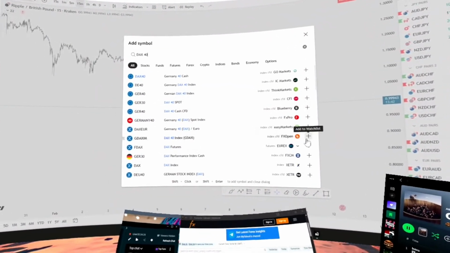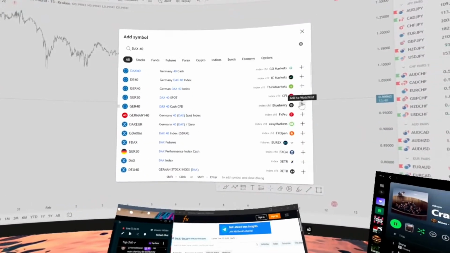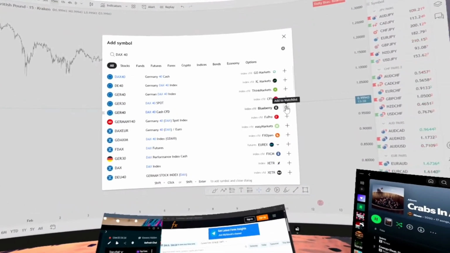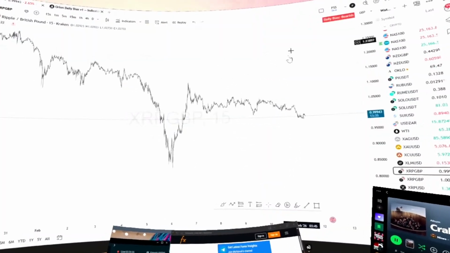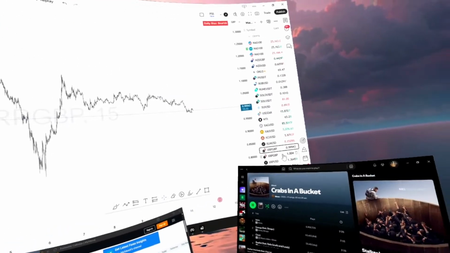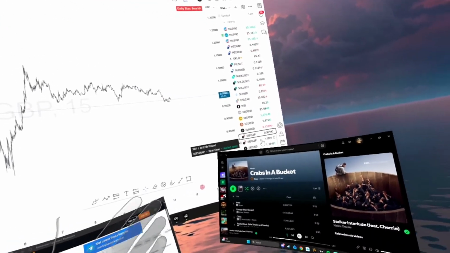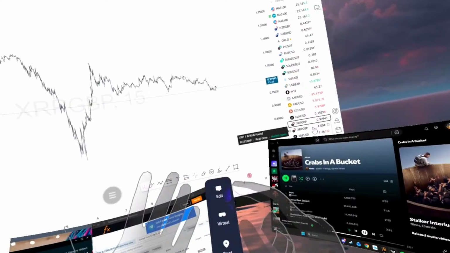Futures, German 40 on Blueberry. I need this out of the way.